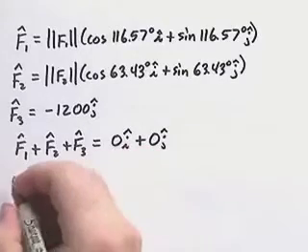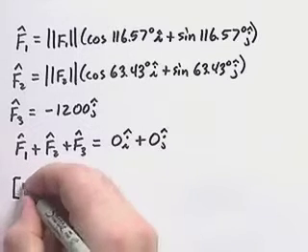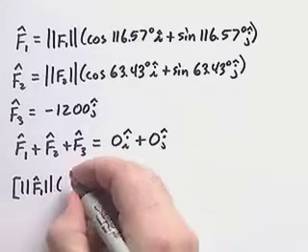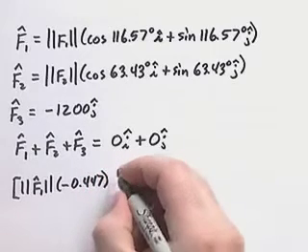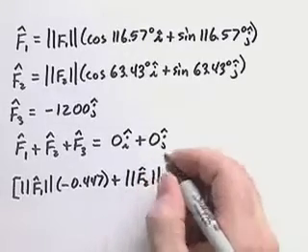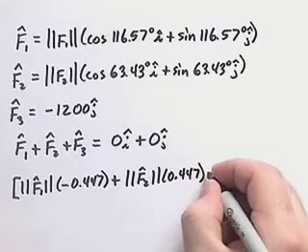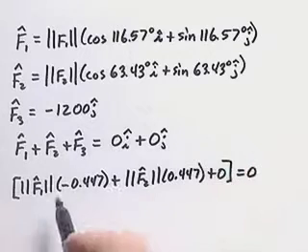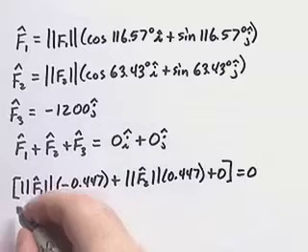This means that we'll get the magnitude of force 1 times negative 0.447, plus the magnitude of force 2 times 0.447, plus 0 must equal 0. So we're looking at the horizontal components. We're summing those up. That needs to equal 0.